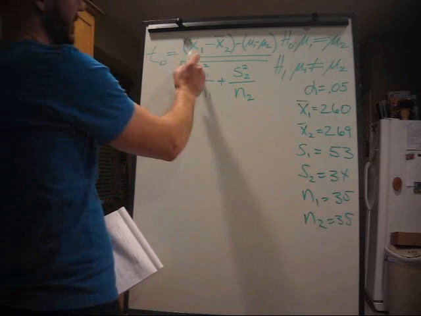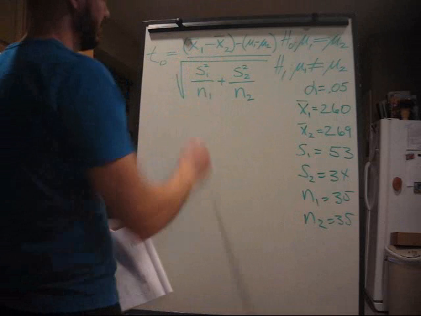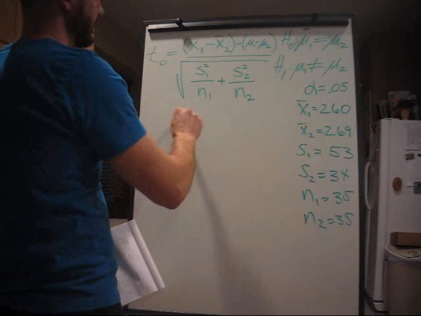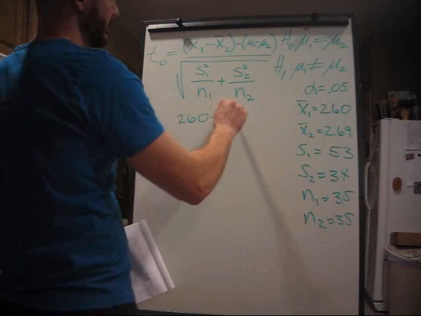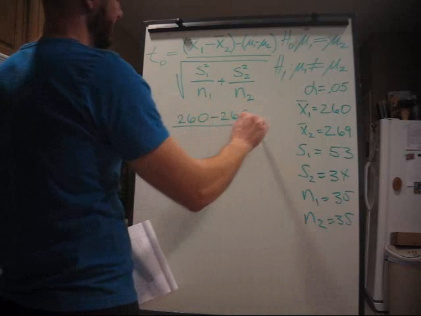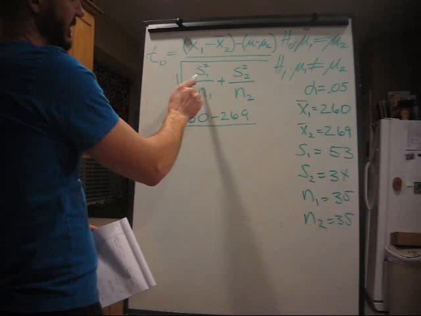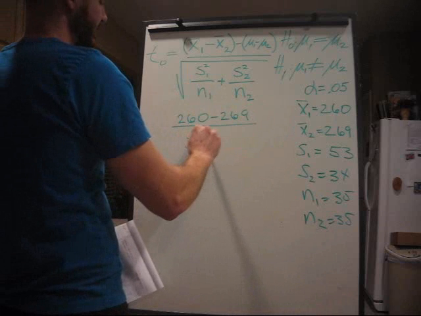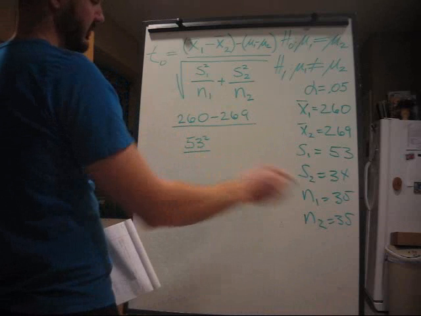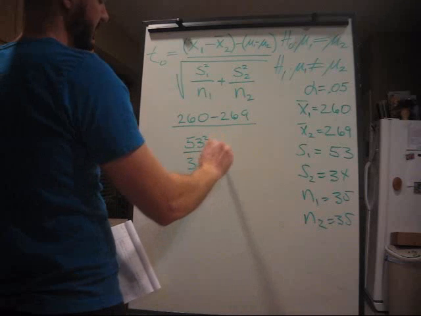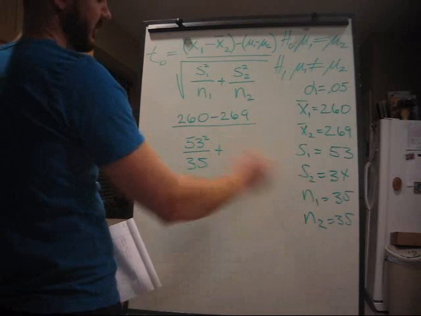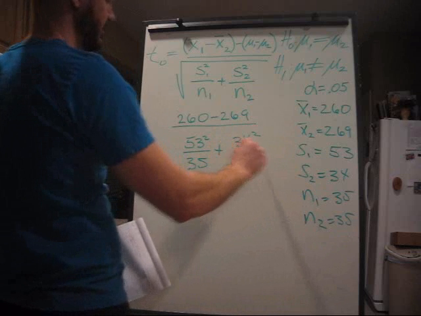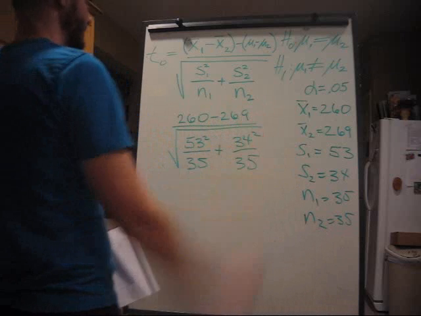So x bar sub 1 minus x bar sub 2, 260 minus 269, over the square root of 53 squared over 35 plus 34 squared over 35.